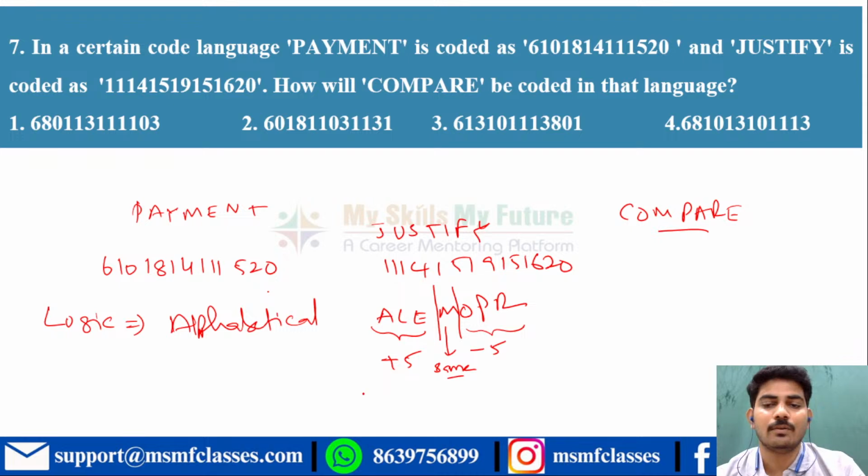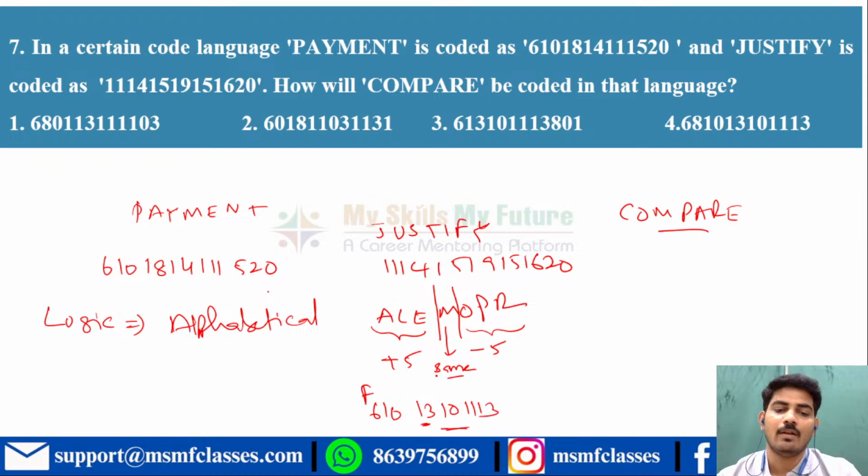If I do that logic here, A plus 5 will be F, and F is nothing but 6. If I do that, I will get the answer as 6810, and the middle letter will be the same, that is 13 will be the same: 1011 and 13, that is presented in option D. So option D will be the correct one.